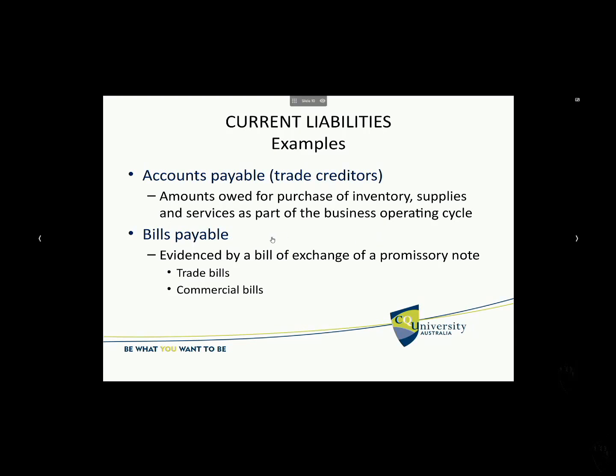Another example is bills payable, which are a more formalised way, more formalised than accounts payable, which are typically paid within 30 days from date of invoice. Bills payable tend to be for more extended periods and, not always, but generally for larger amounts of money. They're called trade bills or commercial bills.